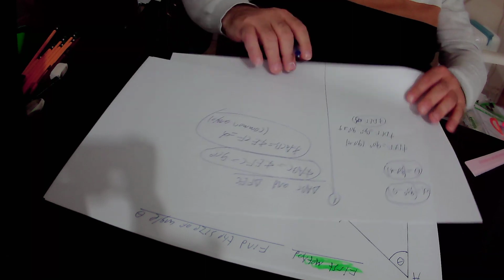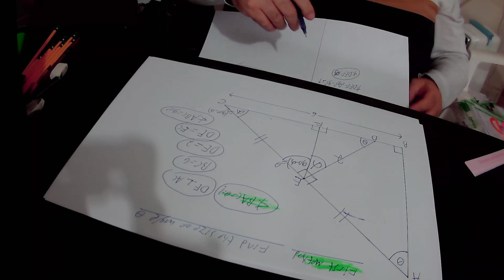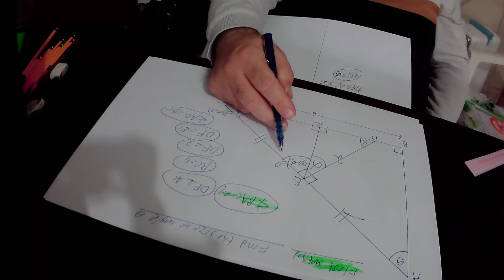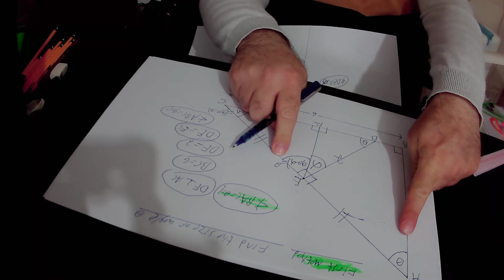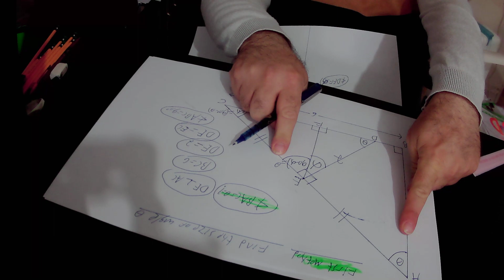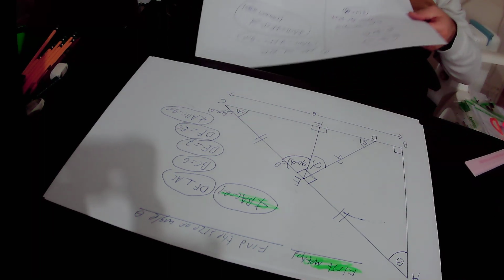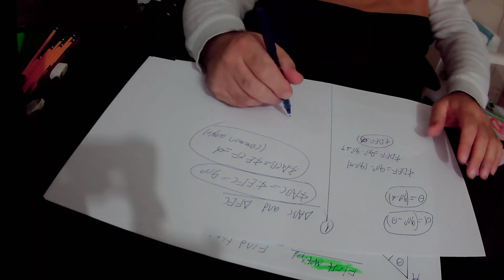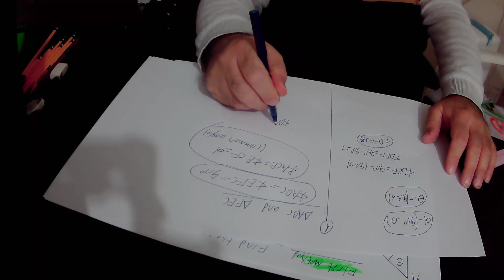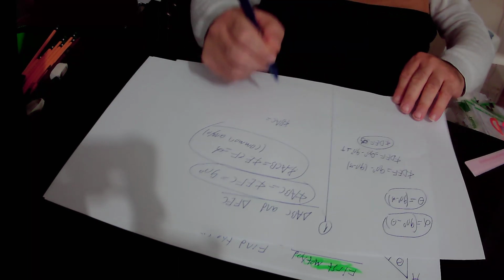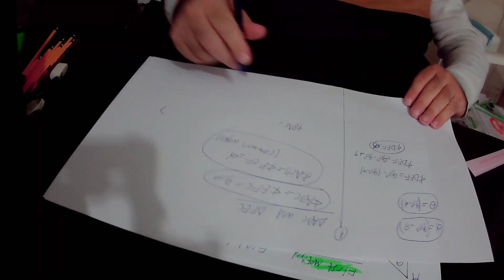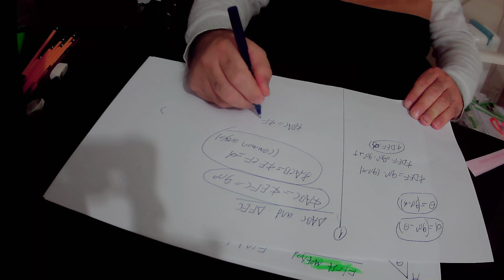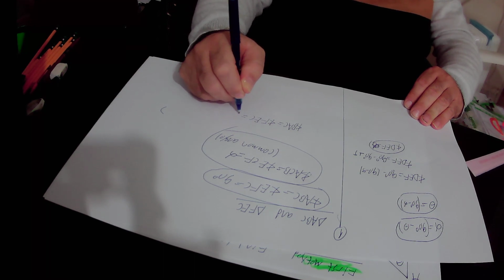And finally, this is angle theta. Those two angles are equal to each other. They are both equal to theta. So you can write down that angle BAC is equal to angle FEC and they are both equal to theta.